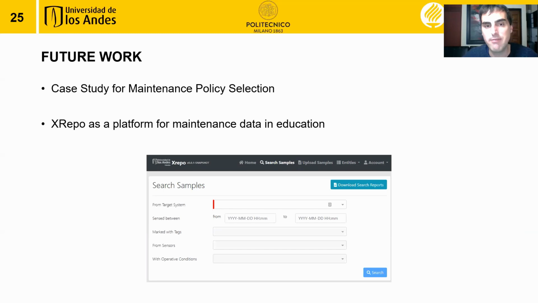Therefore, it would be very useful to develop a study in which students train to select one or the other maintenance policy on the basis of the case study. And eventually, we want to continue developing this platform in order to generate an information system to boost education in predictive maintenance.